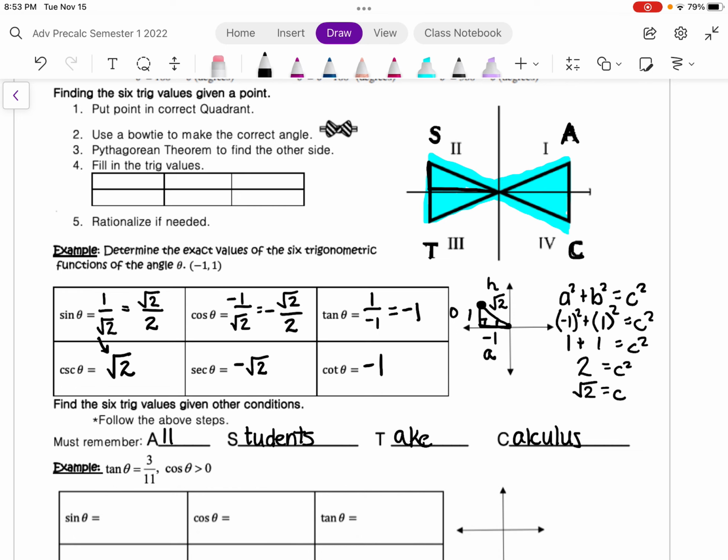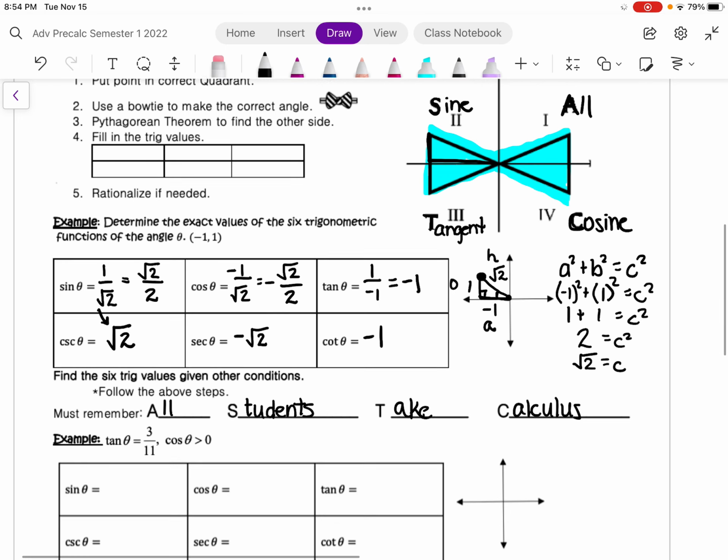And what it's there to help us for is to note that everything in quadrant 1 is positive, hence the A. Only sine and its reciprocal, so sine and cosecant, are positive in quadrant 2. In quadrant 3, only tangent and its reciprocal, which is cotangent, is positive. And then in quadrant 4, only cosine is positive.